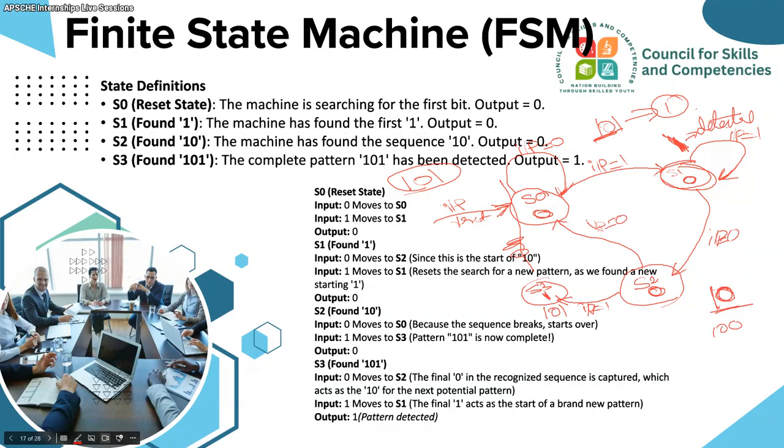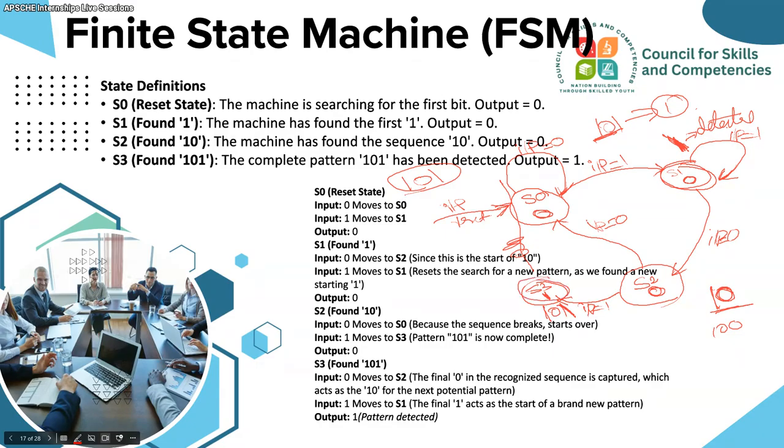If the input is 0, we will move to the S0 state. So this state we finished. Anyhow, in the S3 state, we will get 101.